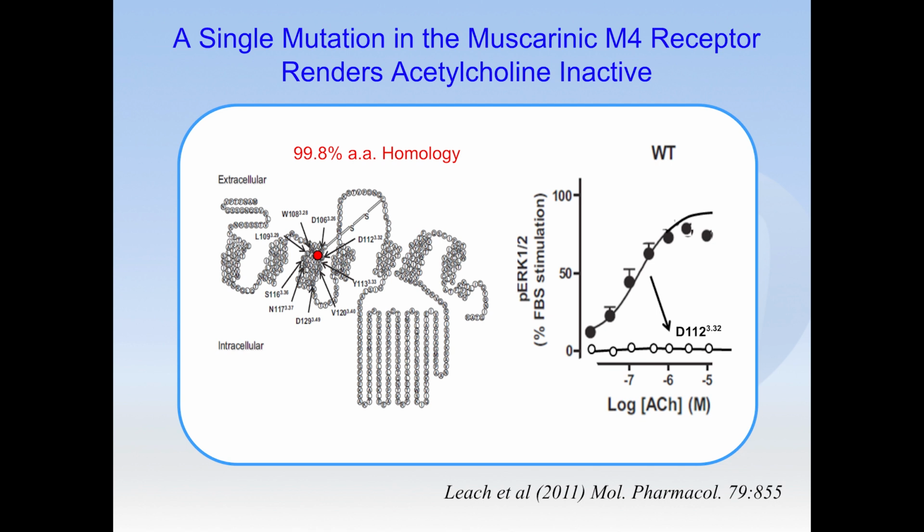And so that just illustrates this mutation is still a 99.8% homology with the wild type, yet you have complete reversal of activity of the natural transmitter.